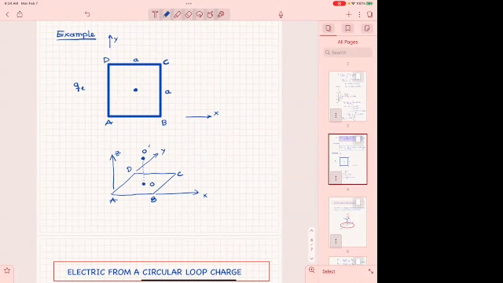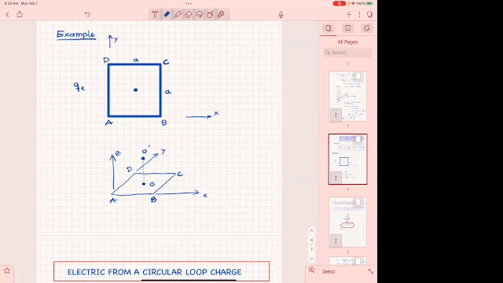You will consider the square to be a collection of 4 sides, all right? They are identical, the sides. You are at the center of the square, and therefore your distance from each side is the same from all sides. The distance from each one of the sides has not changed.